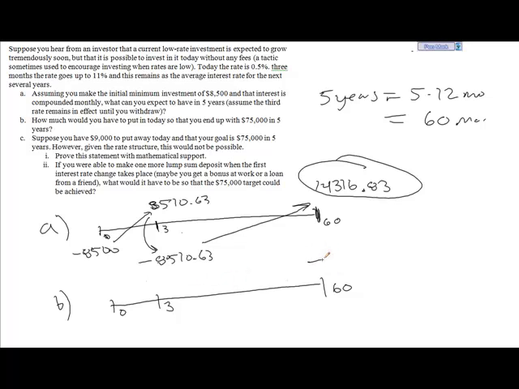Now all I know is I need to end up with a future value of $75,000. Well, I can't just go back 60 months to a present value because there's an interest rate change. So what I need to do is figure out how much I had back at month 3.